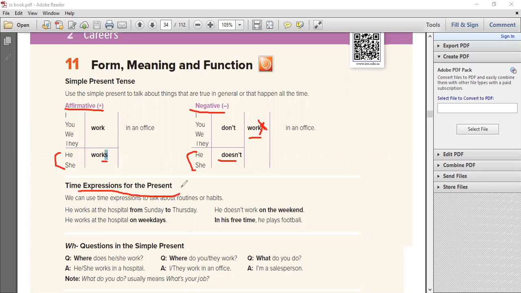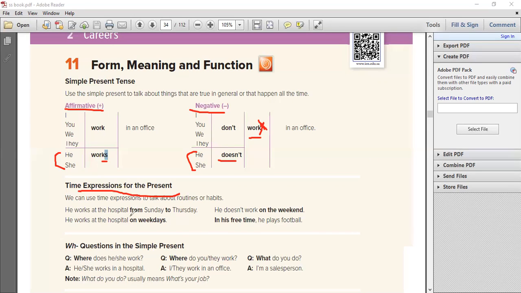You know that the present simple means something as a routine. So, to remind you, every day, for example, is a routine, every Sunday. Also, here you have, he works at the hospital from Sunday to Thursday. So, it's a routine from Sunday to Thursday, from 9 to 2, for example.